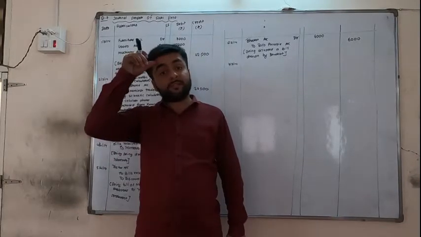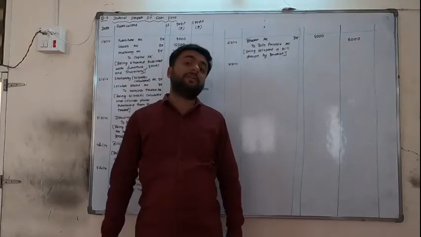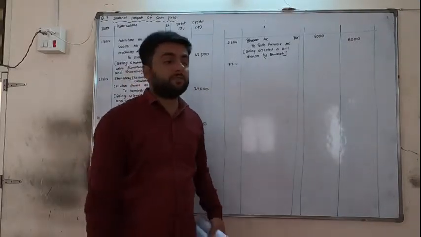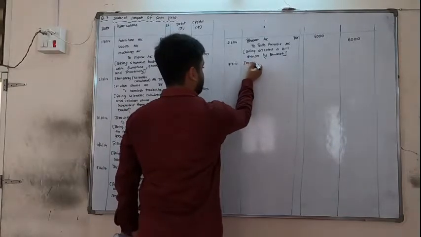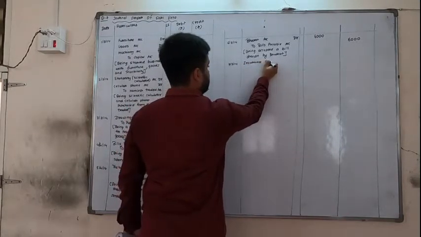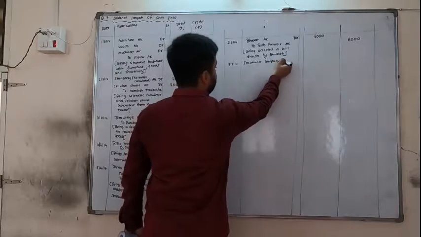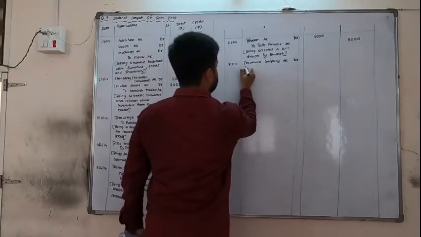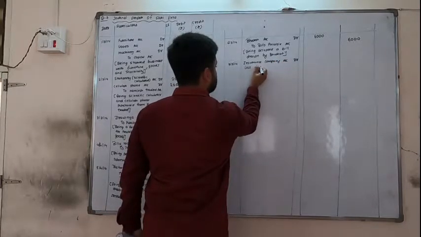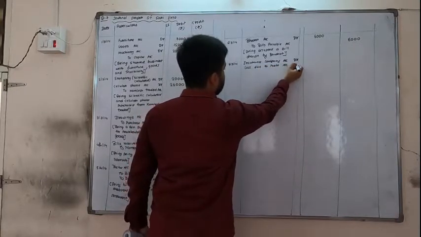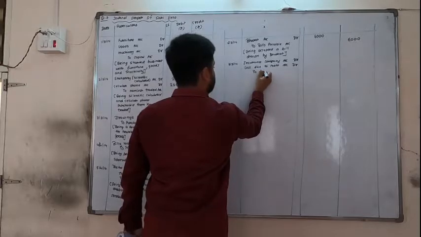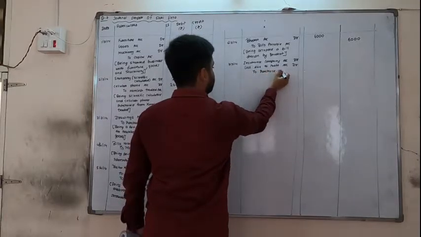The insurance company is accepting the claim, so insurance company would be debited, and for the remaining amount it is a loss, so loss would be debited. So insurance company account debit, loss due to theft account debit, to purchase account.